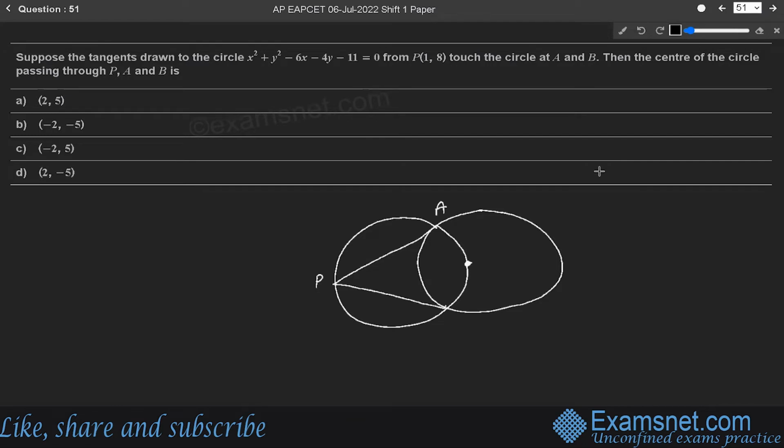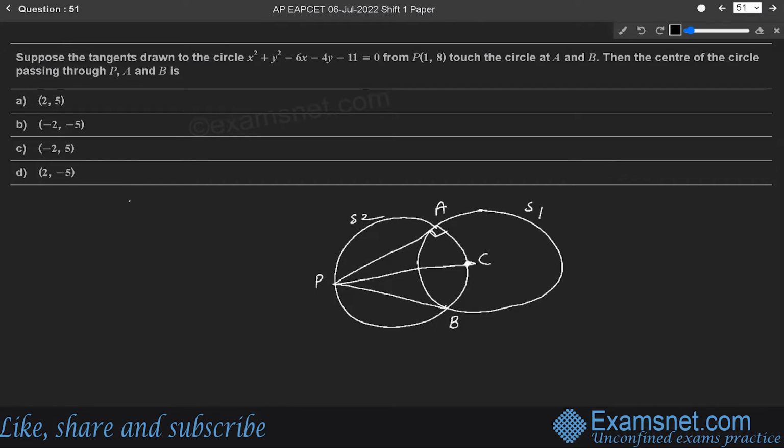So this is A, this is B, and this is the center. So mark it as C. We know that since it is a tangent, it will be 90 degrees. Again joining P and C, this will be the diameter of the bigger circle. Now let this be S2 and let this be S1.